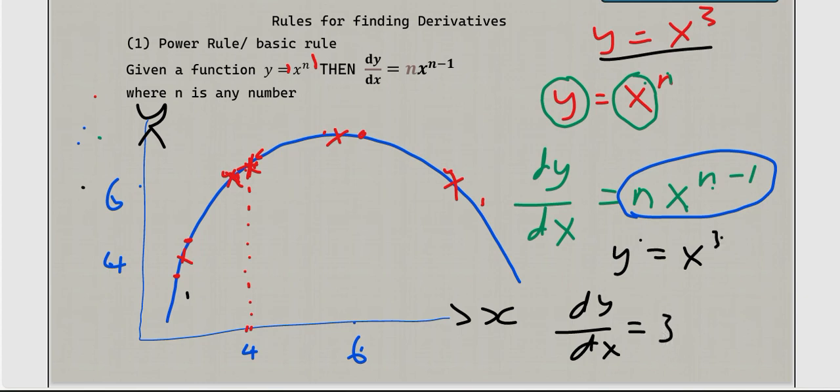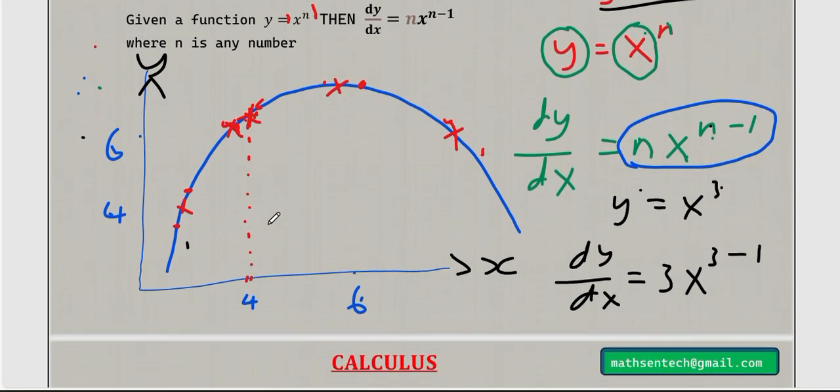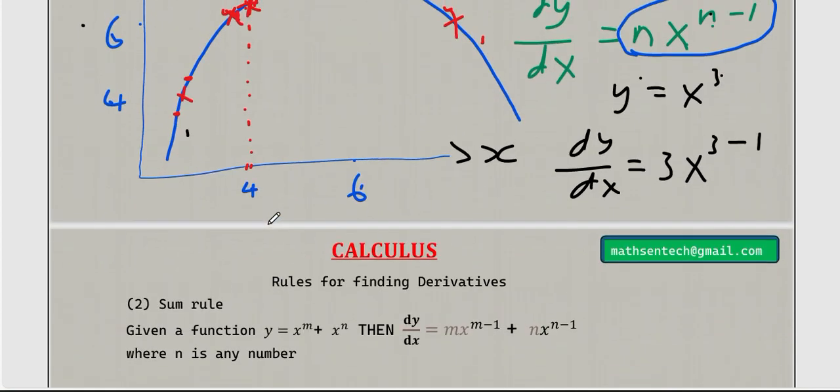Using our formula, you take 3, then x to the power n minus 1, so 3 minus 1. Simplifying, 3 minus 1 is 2, so this is equal to 3x squared. So your dy by dx is 3x squared.